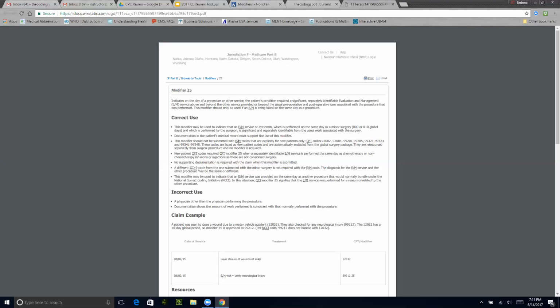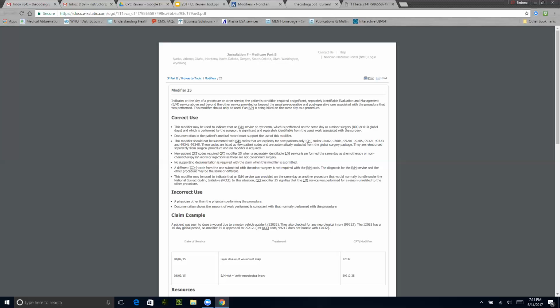So if there's something that occurs in that global surgery package, that's what they call it, the global surgery package, if it's not related to the surgery, it has to be designated. So you would have to attach a modifier to say, hey, we're billing this separately because it has nothing to do with the surgery, although it happened within this global period, right? So you would attach Modifier 25.